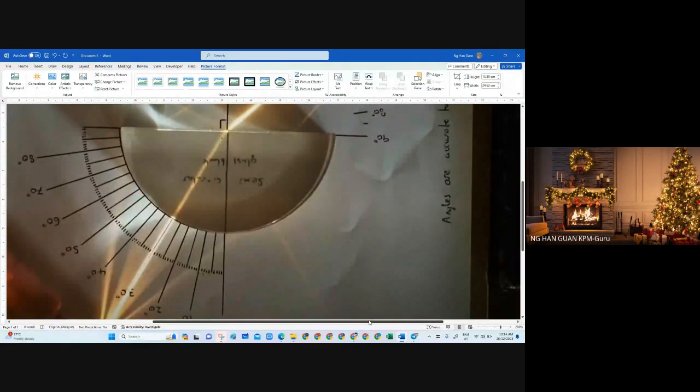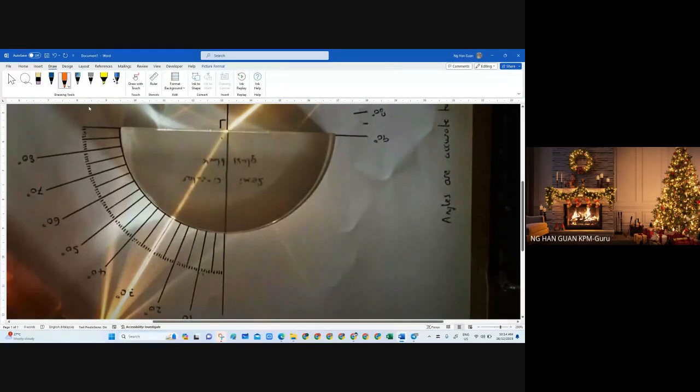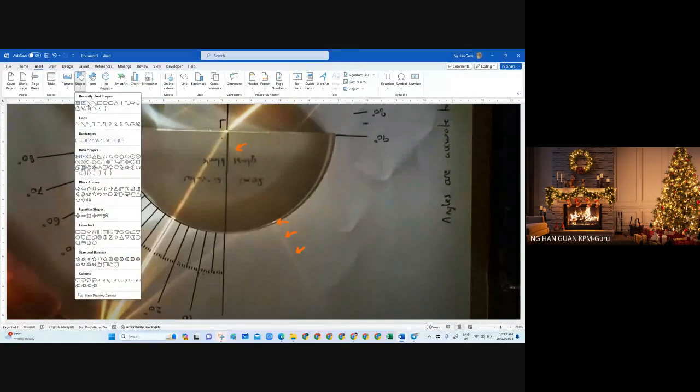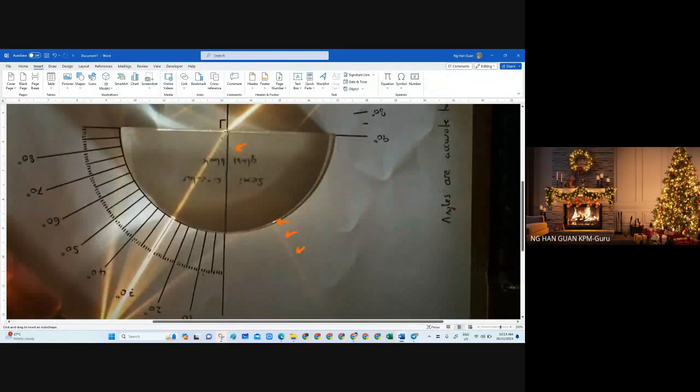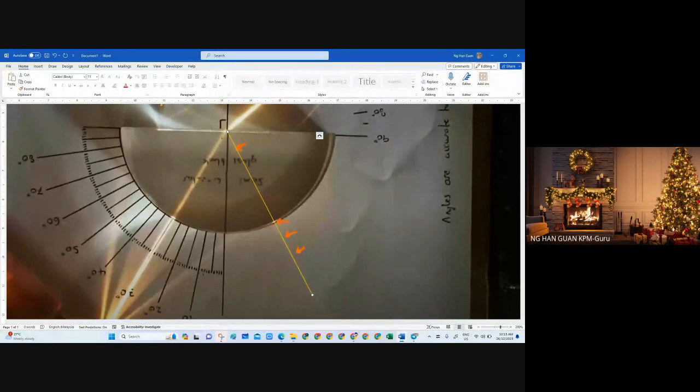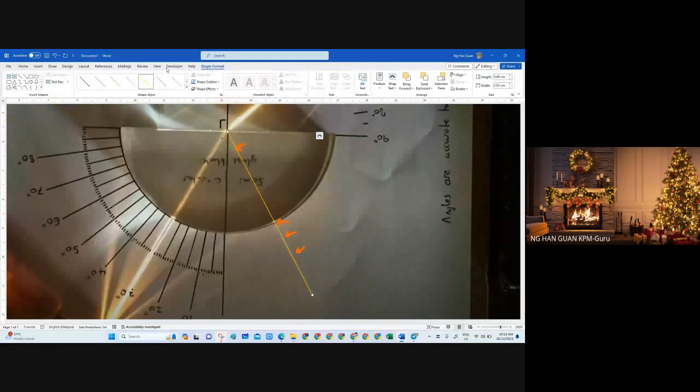Okay, so now I adjust the brightness already. Can you see this line? Okay, this is a line here.